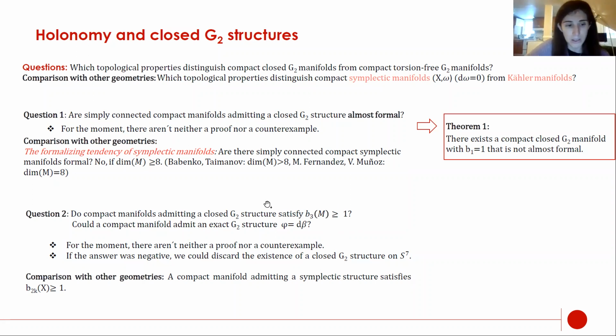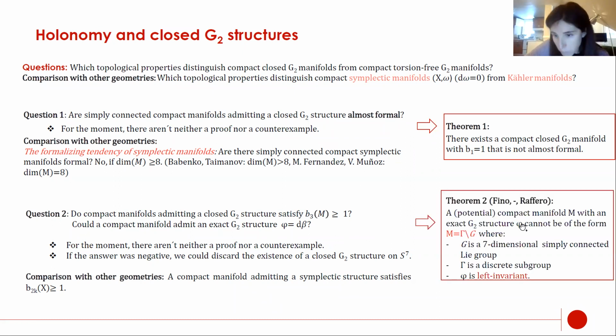And in comparison with scalar geometries, we know that symplectic manifolds that are compact have even Betti numbers positive, because the symplectic form and its powers determine cohomology classes. But this question seems to be somehow very different to the symplectic case.